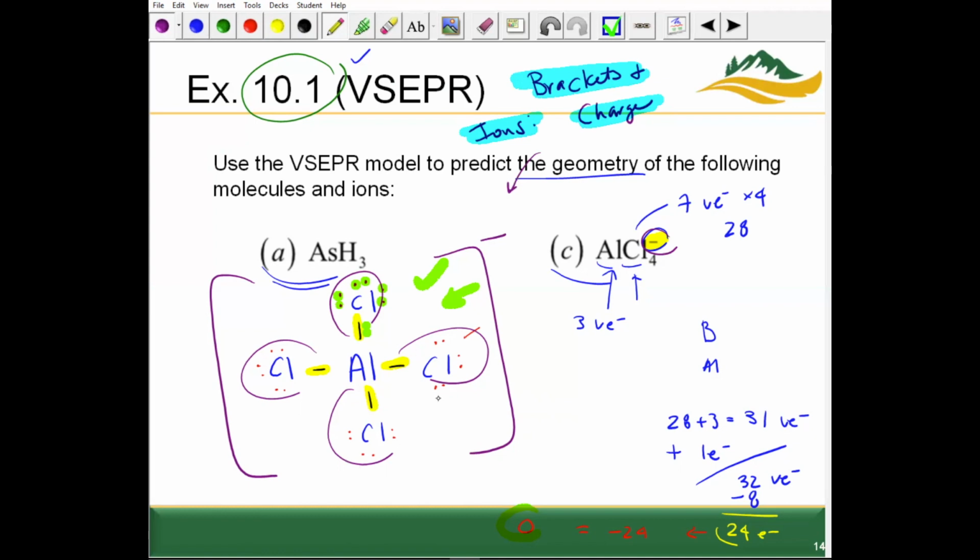If we added up all the formal charges, we'll get a -1 formal charge. To show that, let's do it for aluminum, because I have a feeling aluminum is the atom contributing to this -1 overall charge for this anion. So let's see how this all adds up to -1.